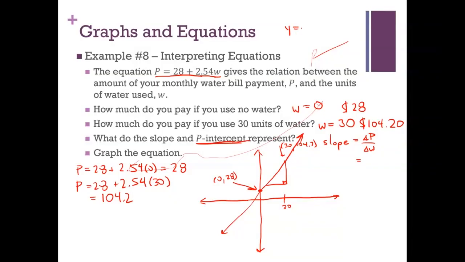If I write you an equation like y equals mx plus b, where does the slope show up in that? 2.54 is the slope, because what are we multiplying by our input variable W? In this case, the variables are not x and y, they're W and P, but the slope here is 2.54.